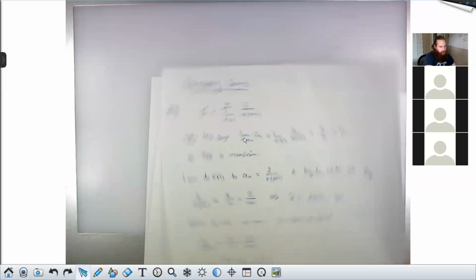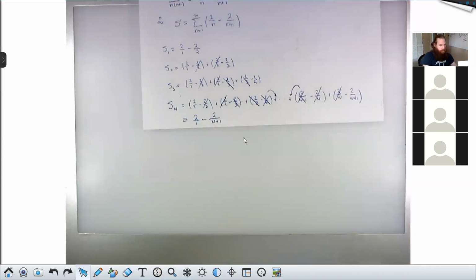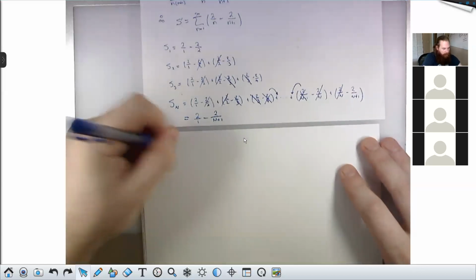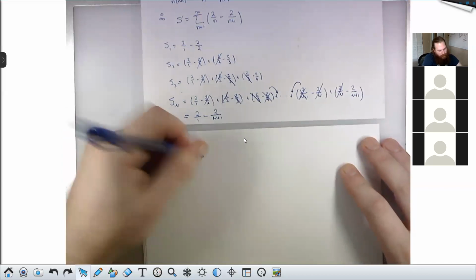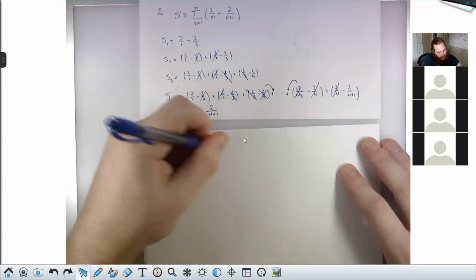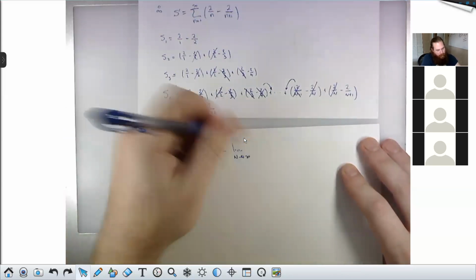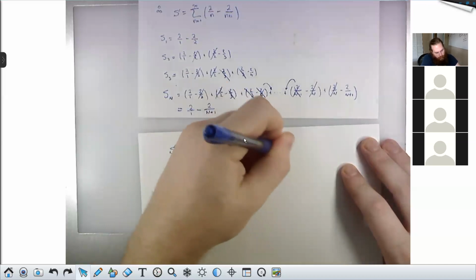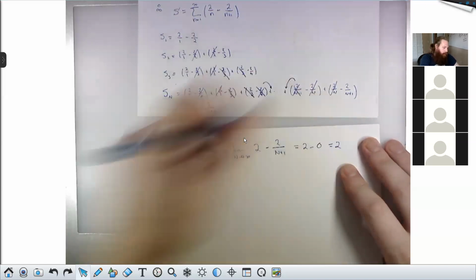Therefore, S, my full infinite series, is the limit as capital N goes to infinity of S sub capital N, which is the limit as capital N goes to infinity of 2 minus 2 over n plus 1, which is 2 minus 0, which is 2.